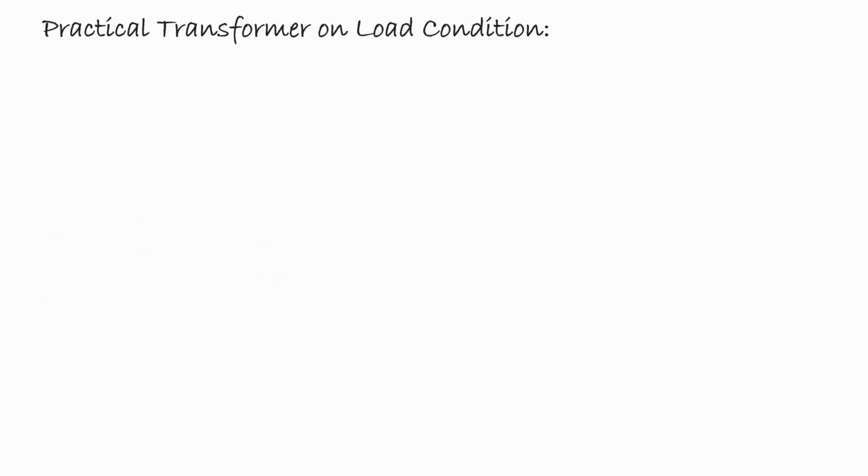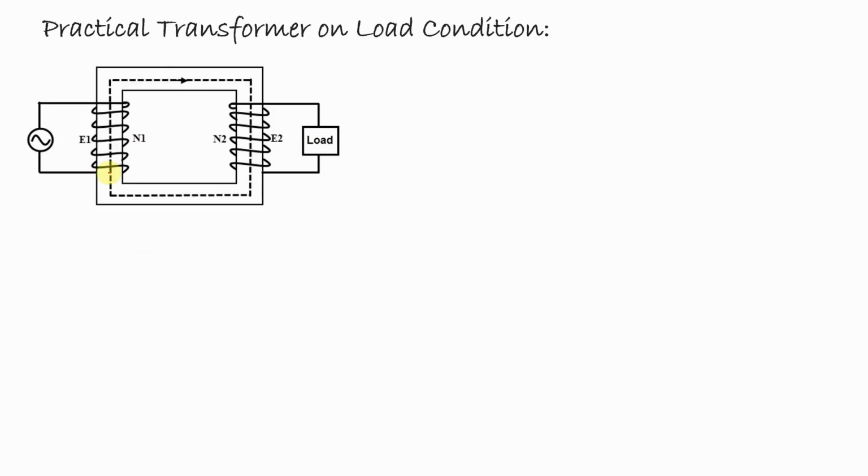Let's see the practical transformer on loaded condition. Now we have connected a load across the secondary winding. The rest remains the same: the supply voltage is V1, the number of turns is N1 on the primary side and N2 on the secondary. The EMF induced in the primary is E1, and in the secondary it is E2.